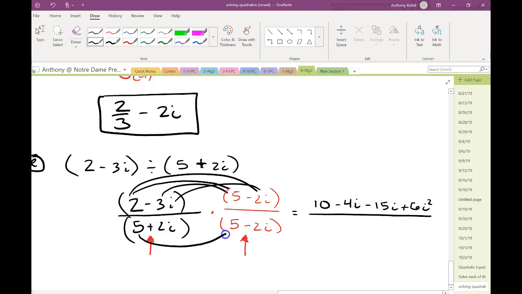And I'll do the same thing down here. 5 times 5 is 25. 5 times negative 2i is negative 10i. 2i times 5 is positive 10i. And then 2i times negative 2i is negative 4i squared.